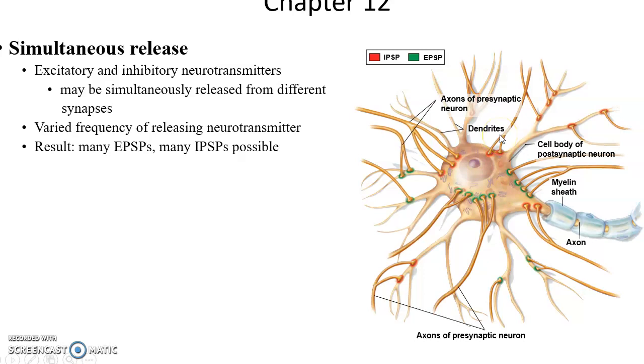All right, any neuron has lots and lots of synapses, lots of synaptic knobs forming synapses on its cell bodies and its dendrites. And so we have this constant stream of information and the release of neurotransmitters and the movement of ions. And again, what's going to be most important is the final migration of all these charges to the axon hillock.